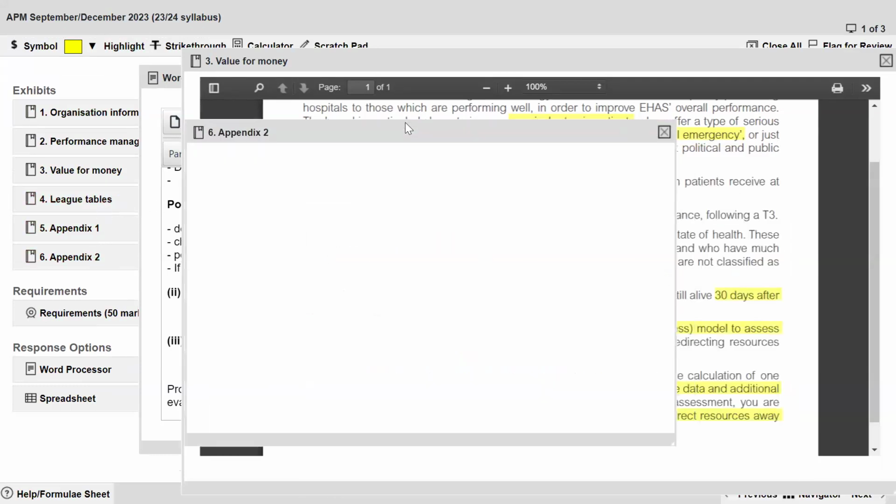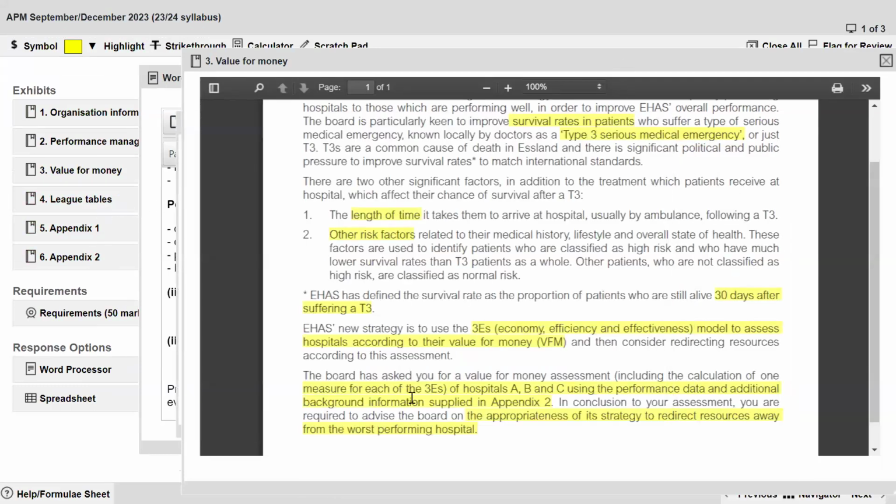Now, can you try to do this, because you see what the requirement is?